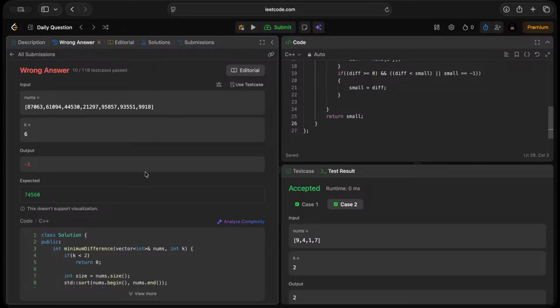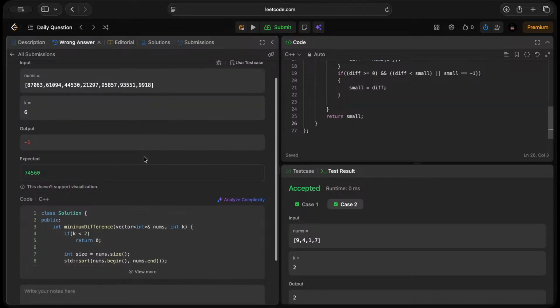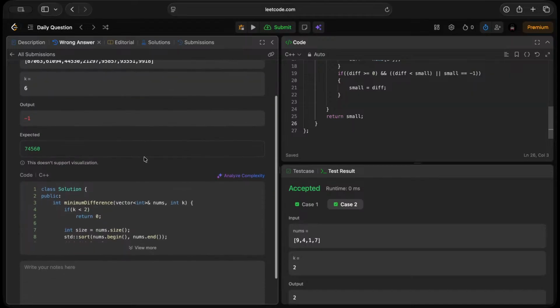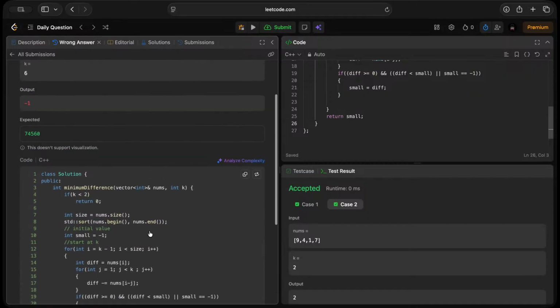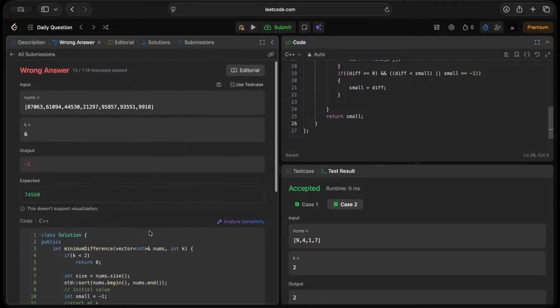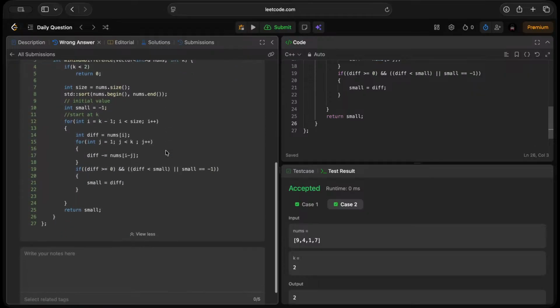We got a wrong answer. We got -1. We expected a different number. So we got 6. 1, 2, 3, 4, 5, 6. We're expecting 7, 4, 5, 6.